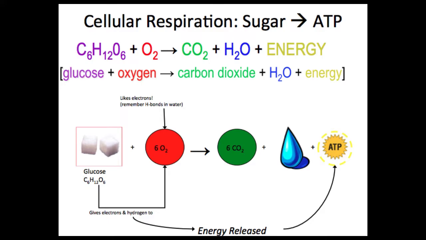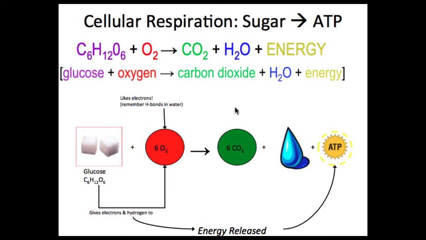In breaking down our sugar, we're going to be able to have energy transformations. We're going to be able to move around those components to ultimately release energy that will be in the form of ATP.